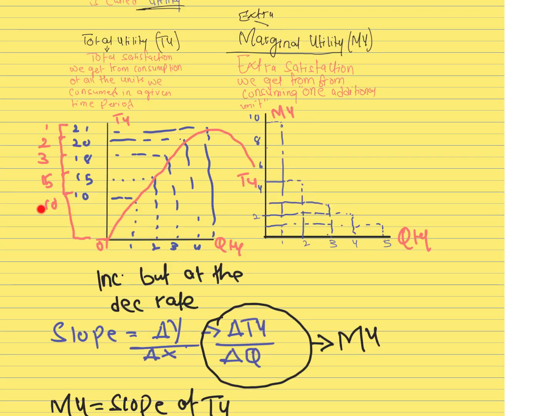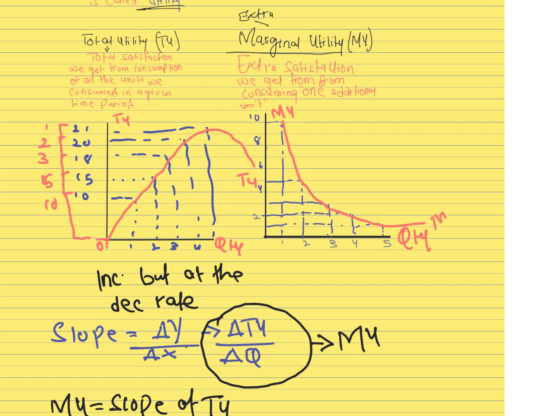Okay, so 10, 5, 3, 2, 1 was our marginal utility, and I plot these values here as well on our marginal utility curve. Now let's join all these points so that we'll see what our marginal utility curve looks like.